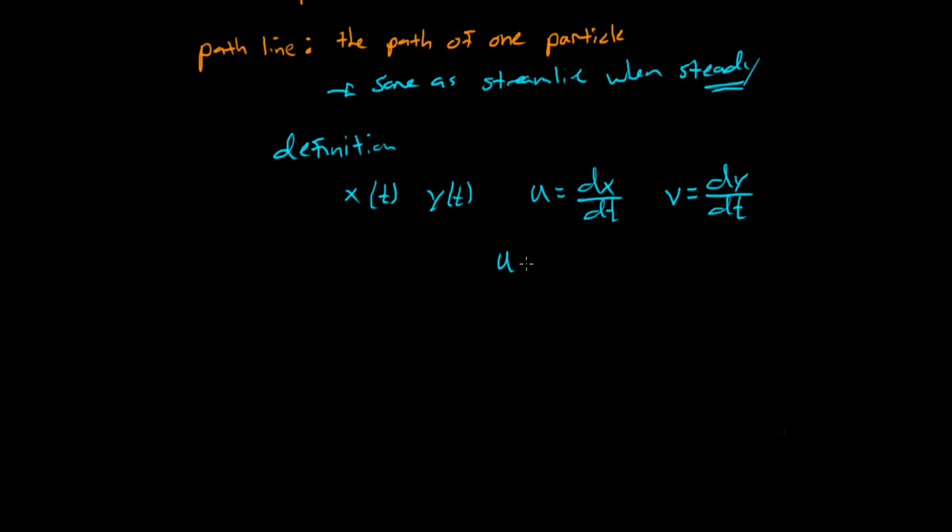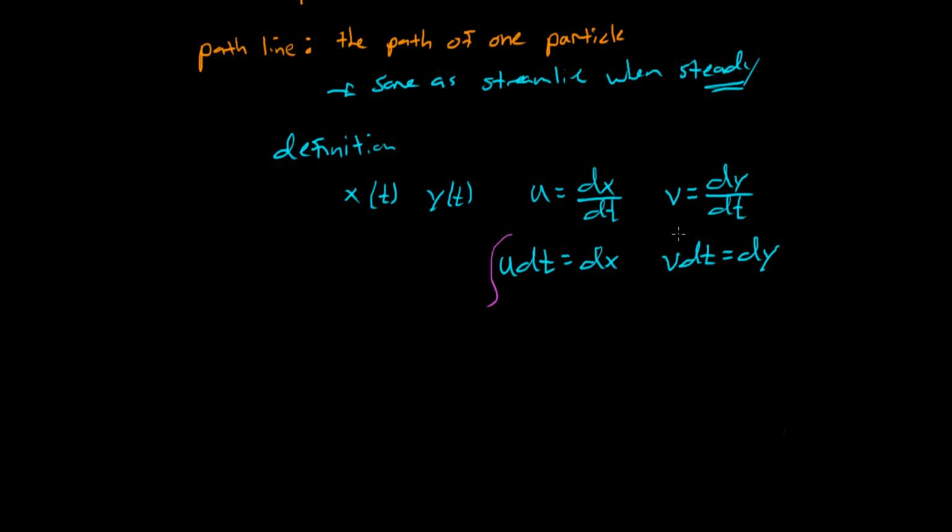And so we get something that looks like u dt has to be equal to v dt. Oops, that's an error. Go ahead and erase that completely from your memory. What I meant to say was that u dt is equal to dx, and v dt is equal to dy.